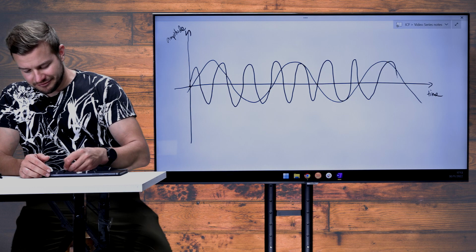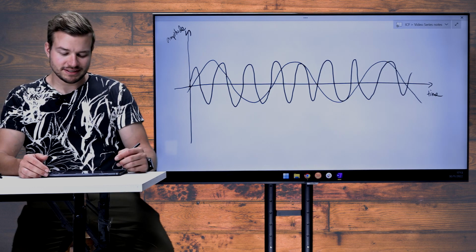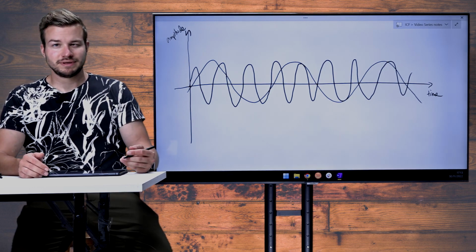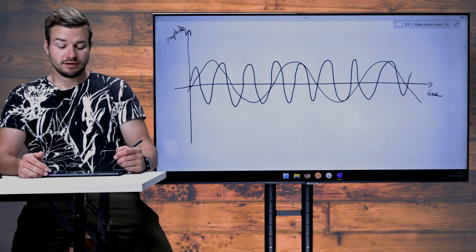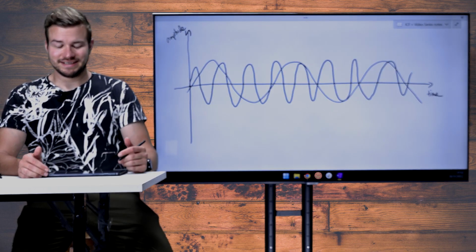The second sound wave has a much higher frequency than the first one, and now the question basically is, what is happening with the two sound waves in reality, in physics?